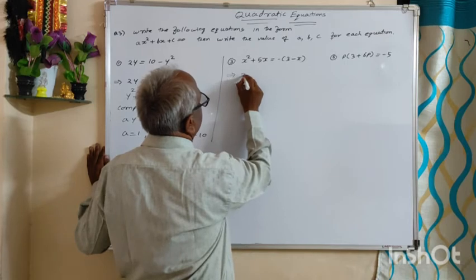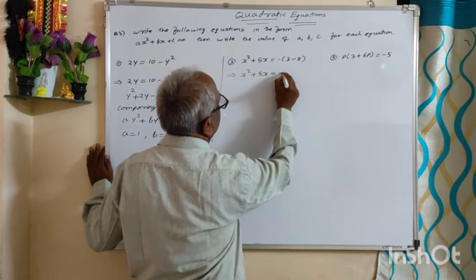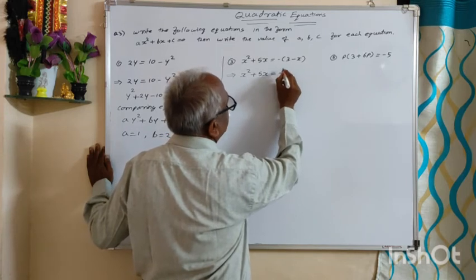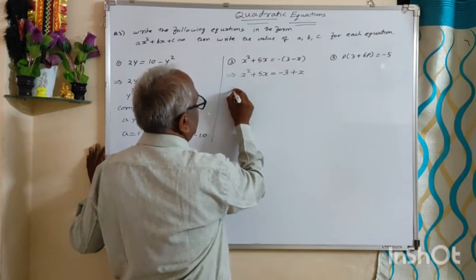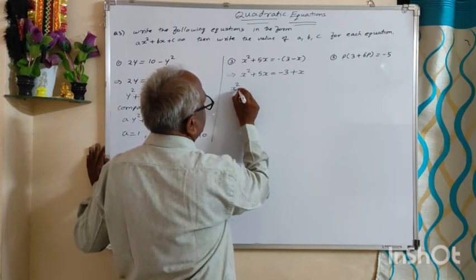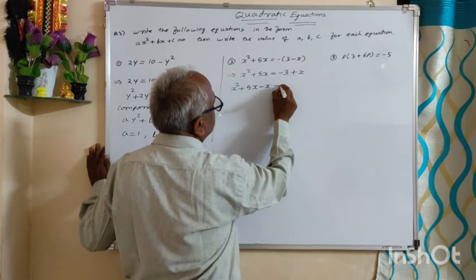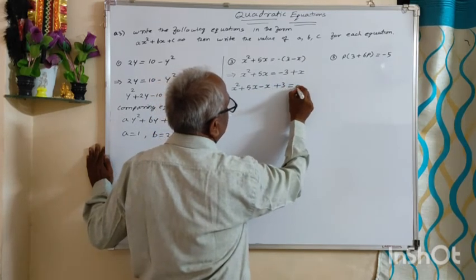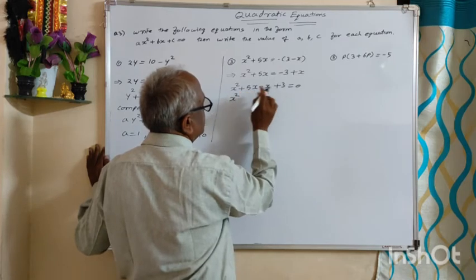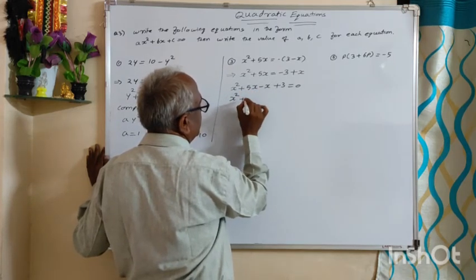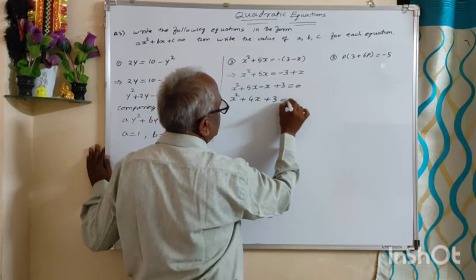Third example, x square plus 5x is equal to minus 3 minus into minus plus x. x square plus 5x minus x plus 3 is equal to 0. x square plus 5x minus x, subtract it but keep the greater number sign, plus 4x plus 3 is equal to 0.